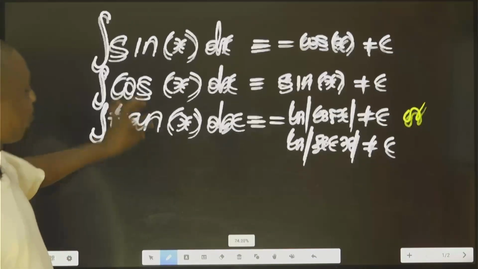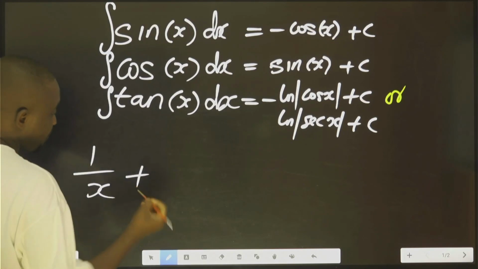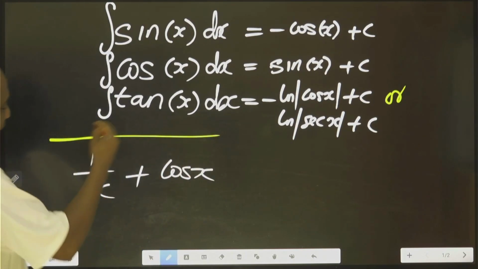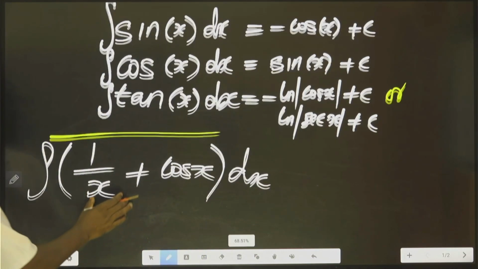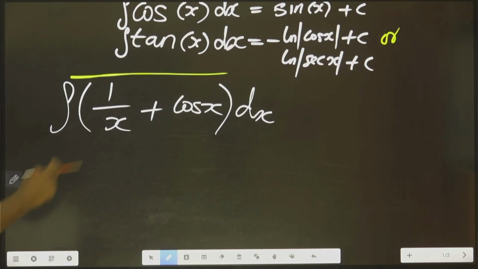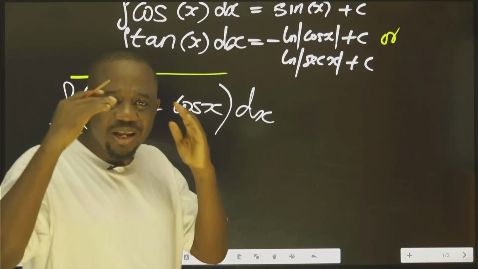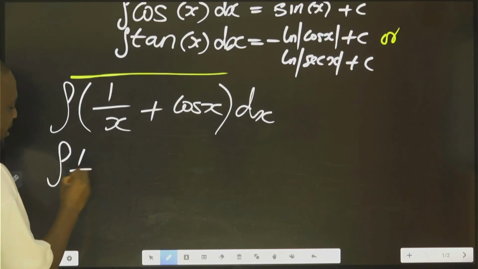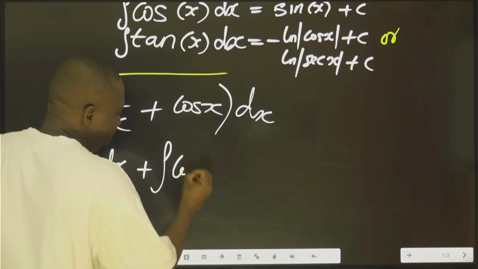They are very important. Say for instance, you are asked to integrate 1 over x plus cos x. Just as an example: the integration of 1 over x is natural logarithm of x. So we can first of all separate them.